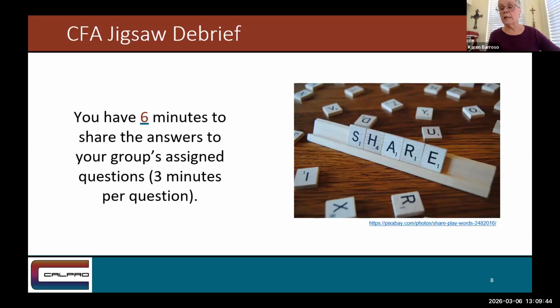All right. So great answers for these 2 questions, because we're going to dive into more about CFAs. And let me tell you, a CFA is the heart of a professional learning community. That is the heart, because that heart is looking at student learning in a collaborative way so that you have equity.